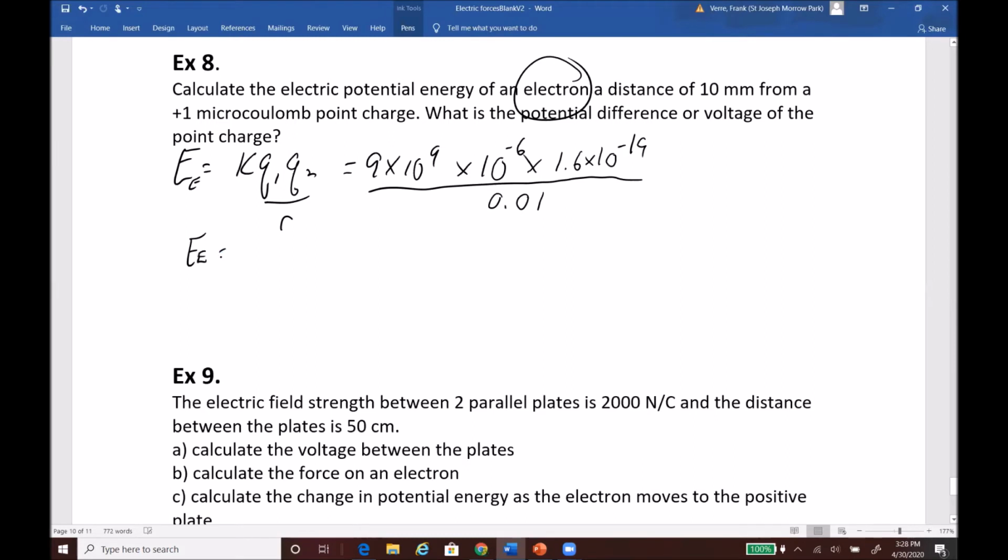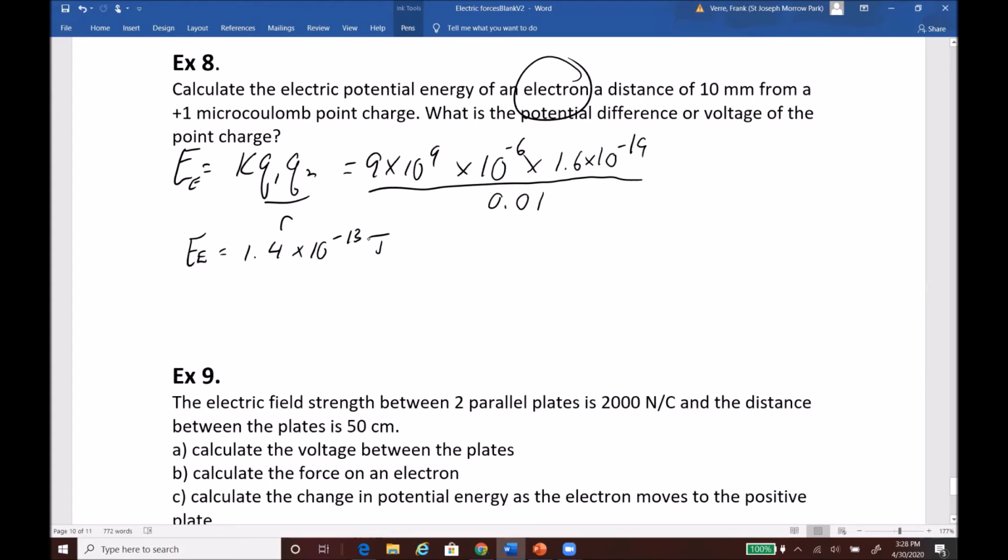That would give you approximately 1.4 times 10 to the minus 13 joules. That's the first part, the electrical potential energy.